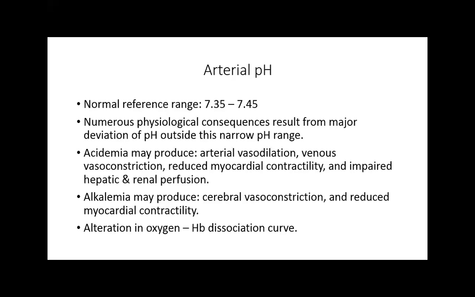And one of the major considerations with regard to physiologic effects of this change in pH is on the oxyhemoglobin dissociation curve and the availability of oxygen, therefore, to the tissues.